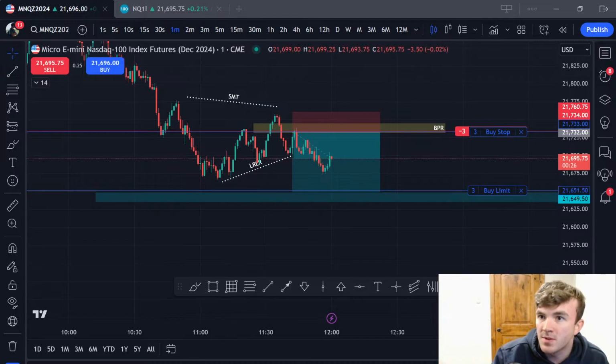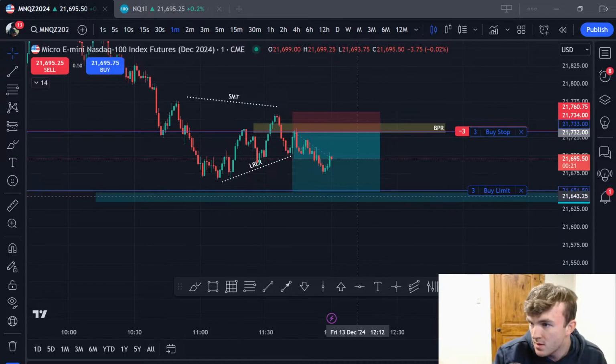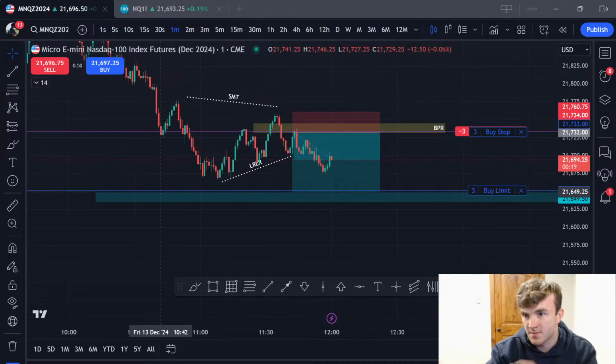Are we making any bullish SMTs right now? Because if so, I'd probably want to get out. No, it doesn't look like it. Just got that bearish SMT.